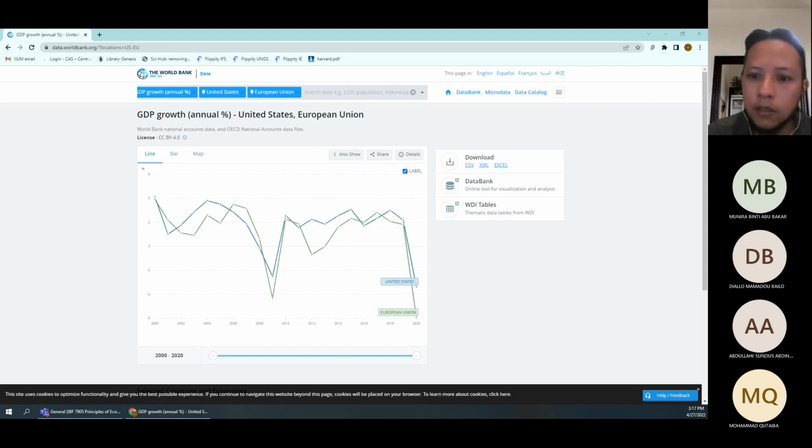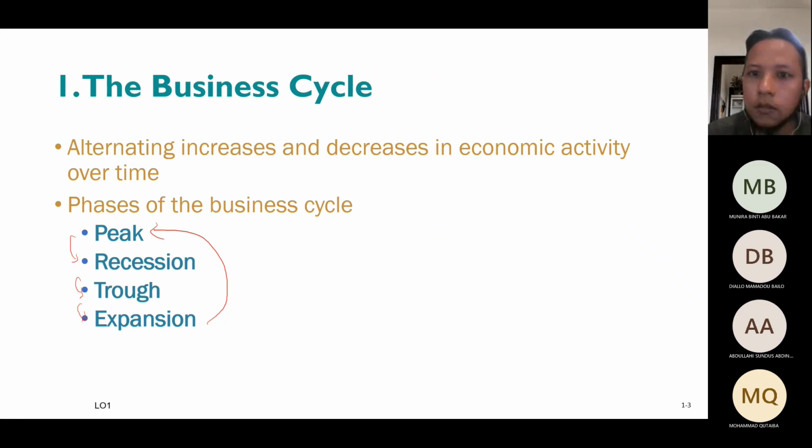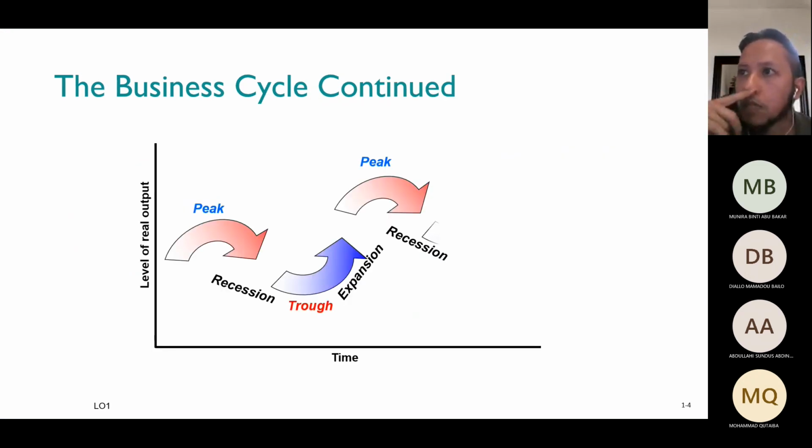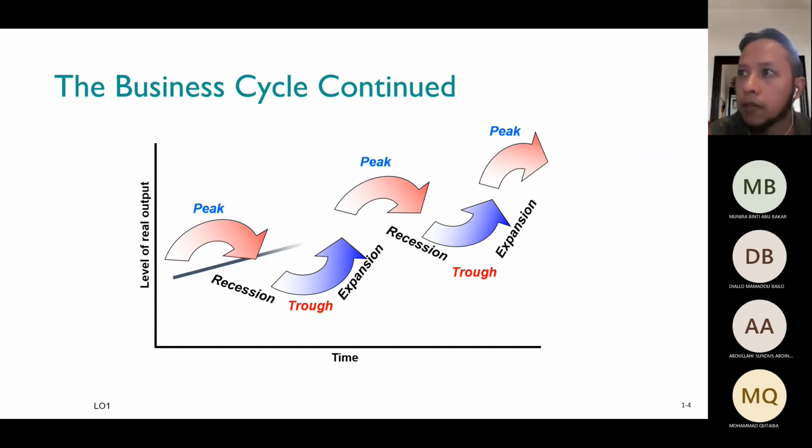To see it more clearly, see here. Over time we will see peak, recession, trough, expansion, peak, recession, trough, expansion.